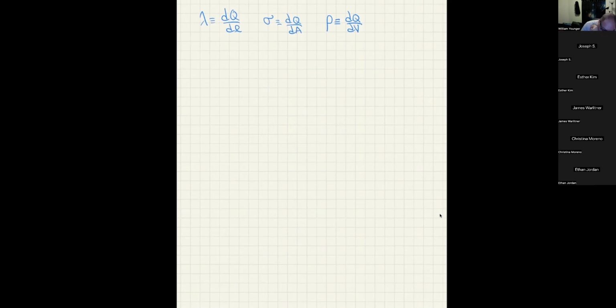And what I would say is the equivalent is that the charge q can be either equal to the integral of lambda dl, or it can be equal to the integral of sigma dA, or it can be equal to the integral of rho dv. Whoa, I didn't do so good on that dv.